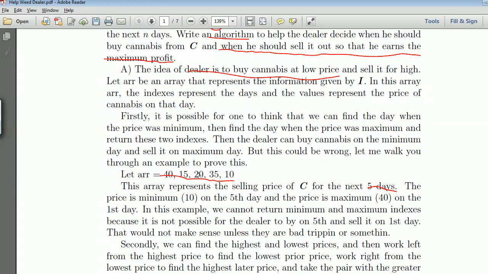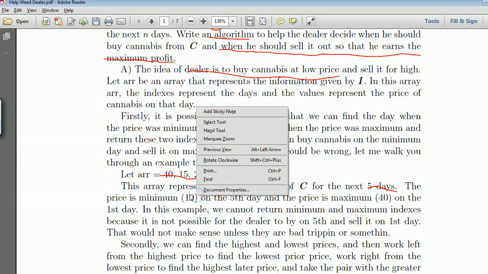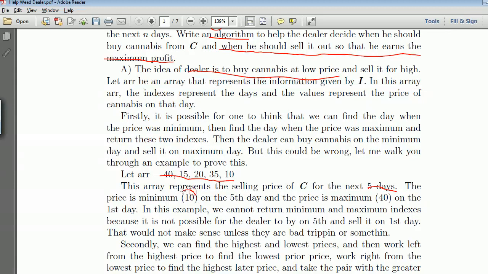So if we talk about the approach that I just said, it would not work in this case because the minimum is on the 5th day, whereas the maximum is on the 1st day, right? So according to that solution, you would suggest the dealer, hey dealer, buy on 5th day and sell it on 1st day. That's ridiculous.